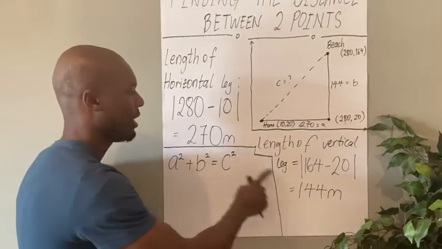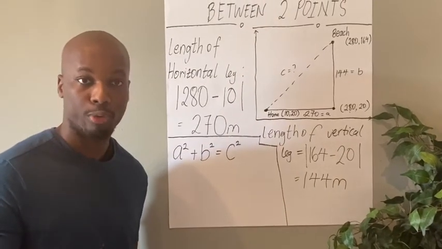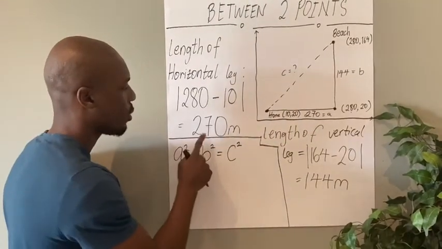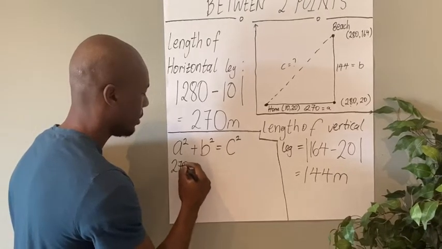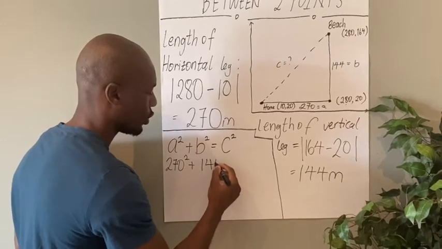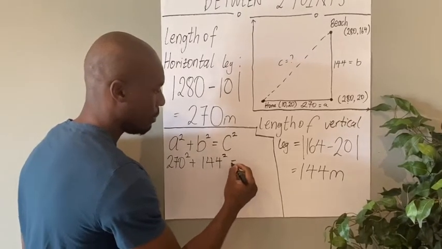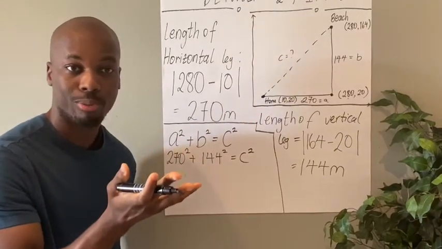So with these legs, I want to substitute them into the Pythagorean Theorem formula. Since a squared is 270, I have 270 squared plus b squared, which is 144 squared, becomes equal to c squared. So I want to find c squared, right?